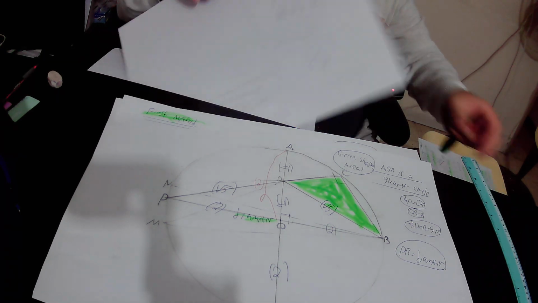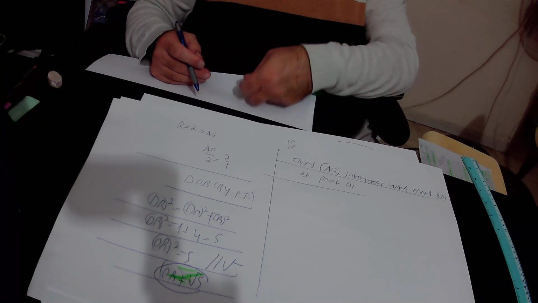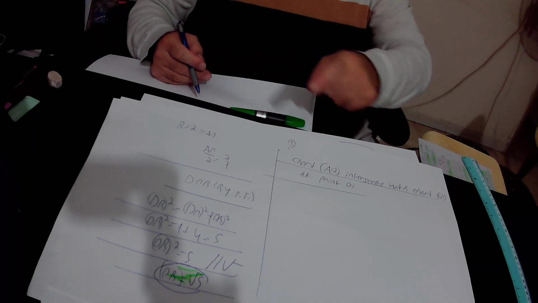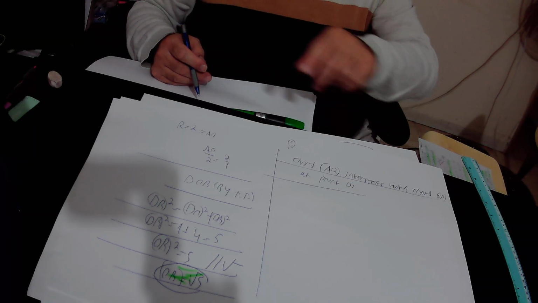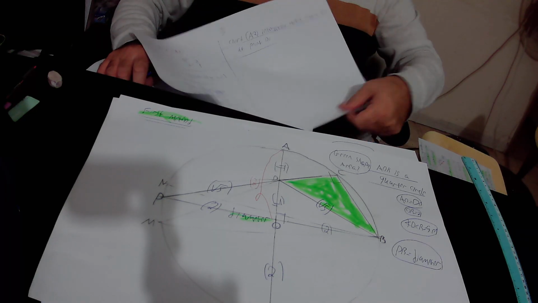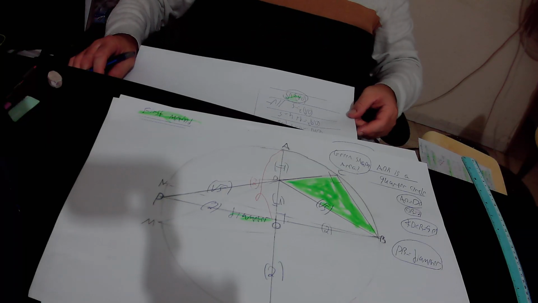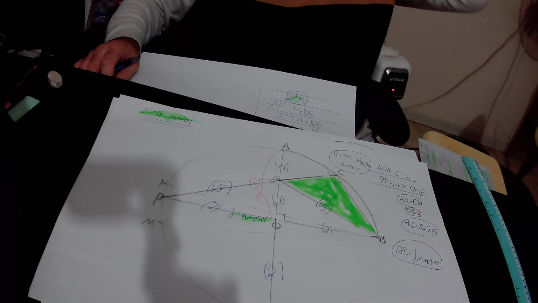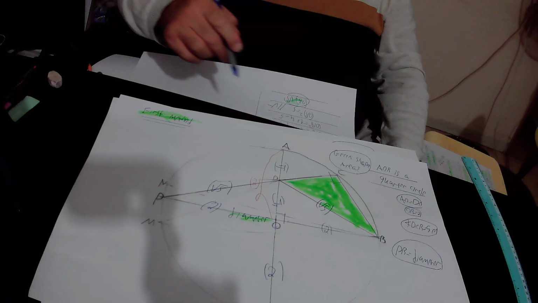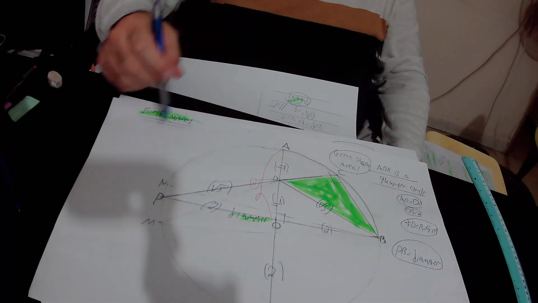And again, in our original drawing, we have chord AQ that intersects with chord CP at point D. So all the requirements of Rule 24 are satisfied, and therefore we can implement Rule 24 here. According to Rule 24, the following equation is true: AD times DQ equals CD times DP.